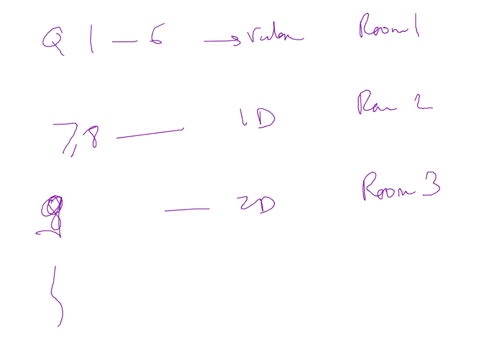Oh, 7 and 9. Wait, there is no 7 and 9. Henry. There's at least one person per room, so I'm hoping that it got fixed.